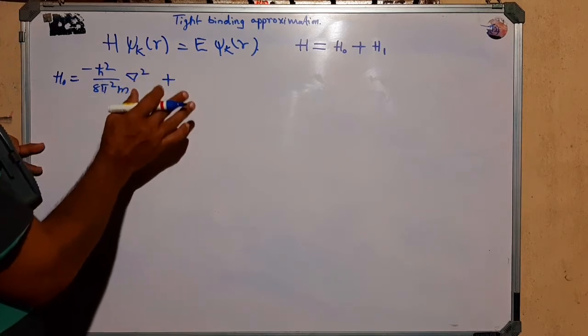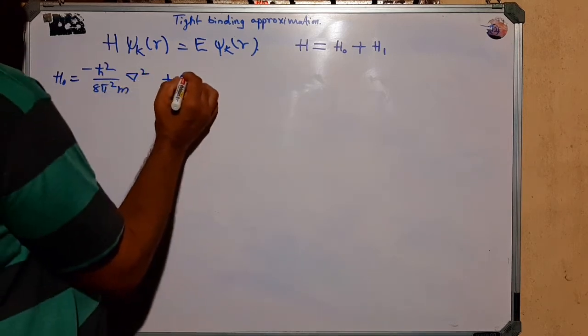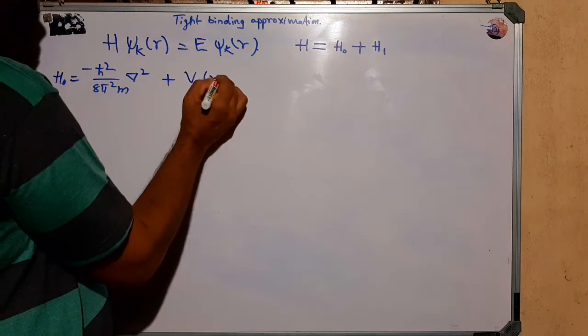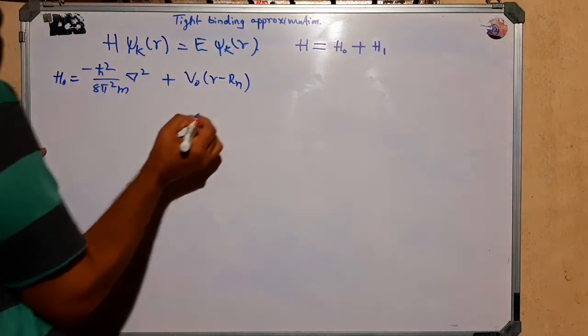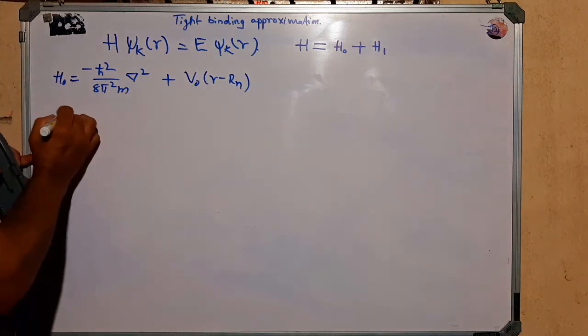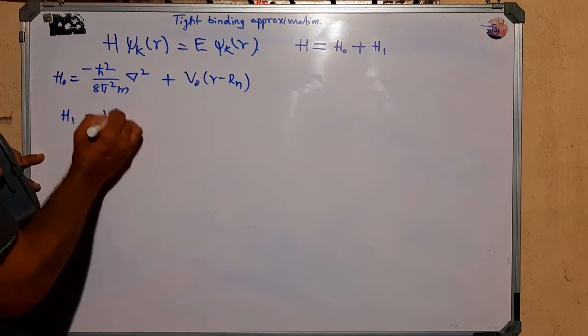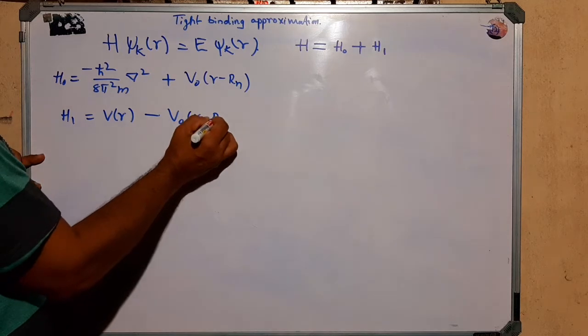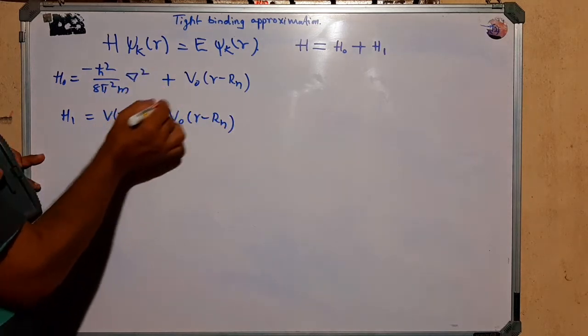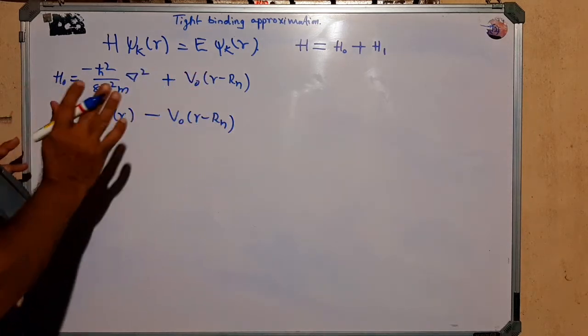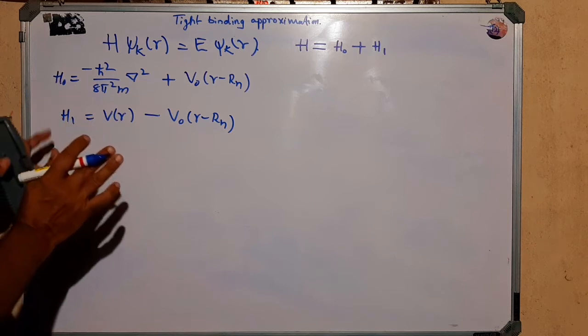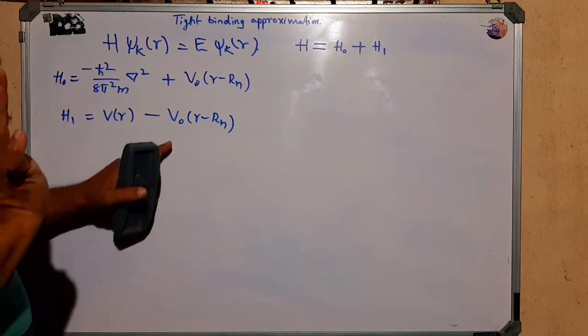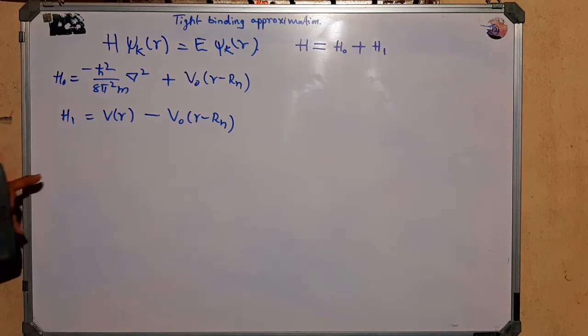That one I am changing, just plus V0(R minus Rn), and H1 is equal to V(R) minus V0(R minus Rn). When you add these two, they get cancelled and the equation gets balanced. What is this V0(R minus Rn)?